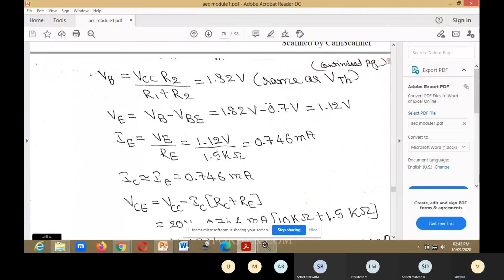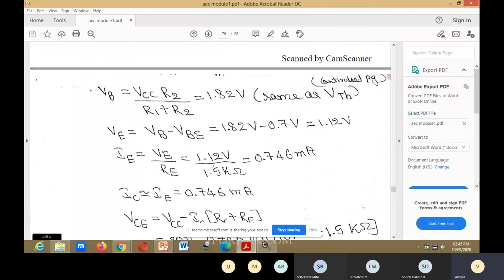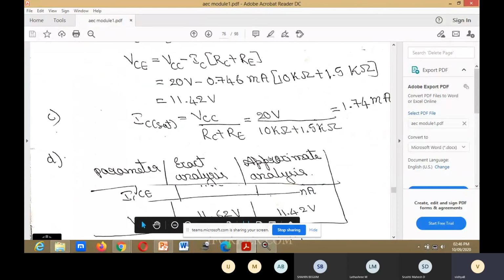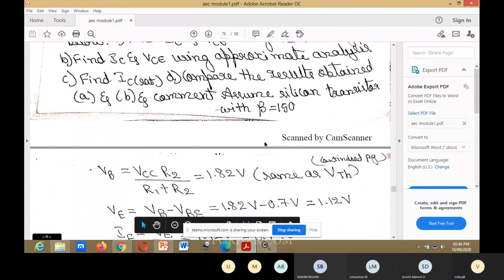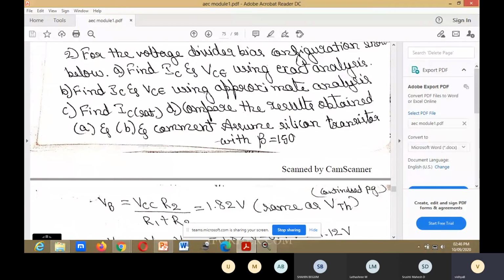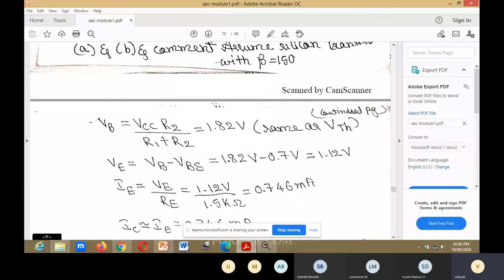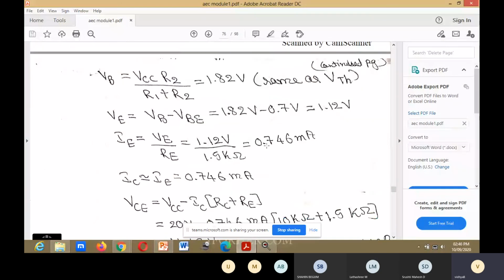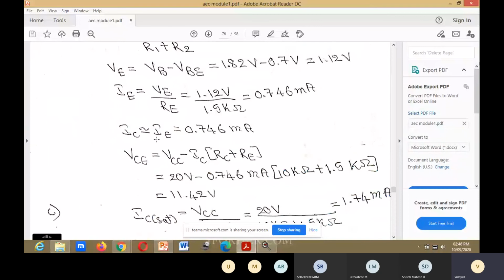In this problem, I have not drawn the diagram; consider RE as 1.5 kilo ohm. You'll get IC is equal to IE, 0.746 milliamps.